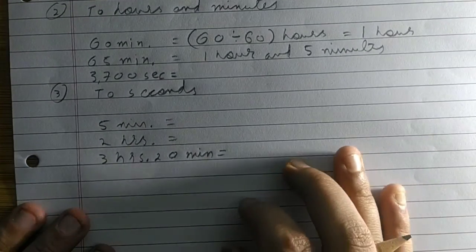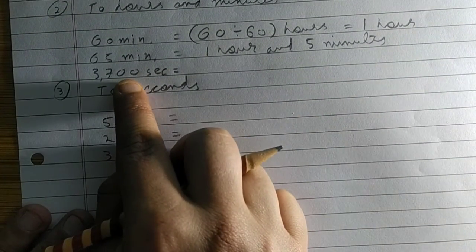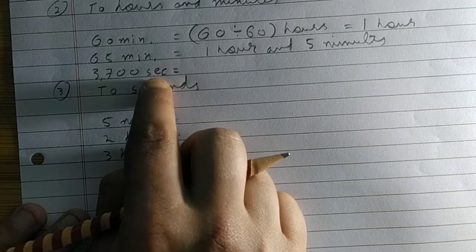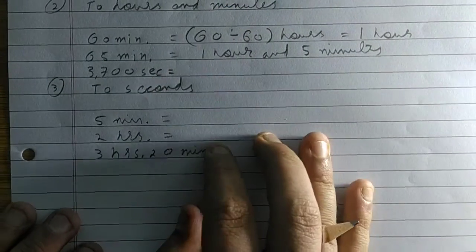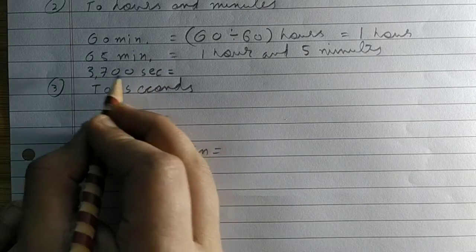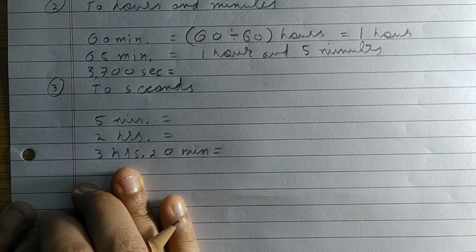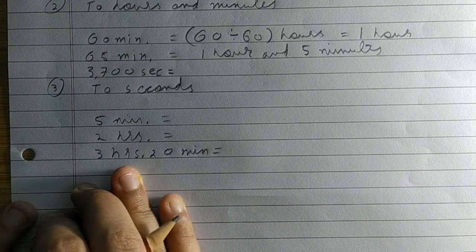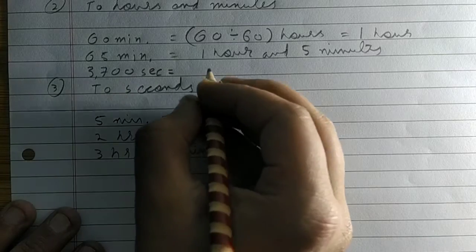Now the third part is 3700 seconds. You have to convert this into hours and minutes. So first we will convert this to minutes, and let's see what we get.